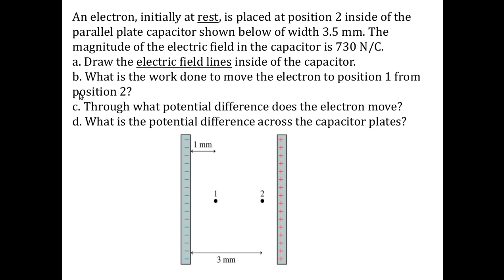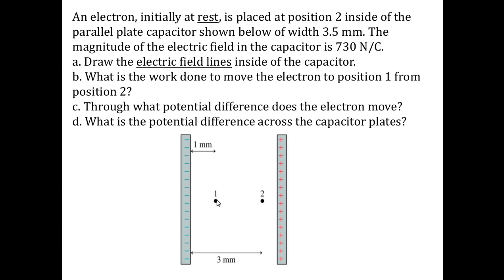The electron is initially at rest, at position 2 inside the capacitor. The width of the capacitor is 3.5 millimeters. Position 2 is 3 millimeters from the negative plate, so it's 0.5 millimeters from the positive plate.